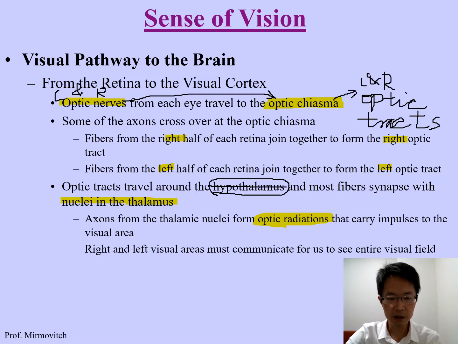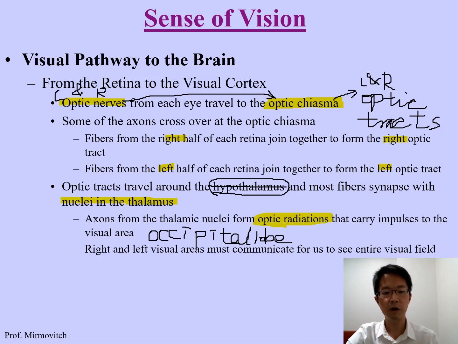The visual area is in the occipital lobe. The occipital lobe is at the back of our head.